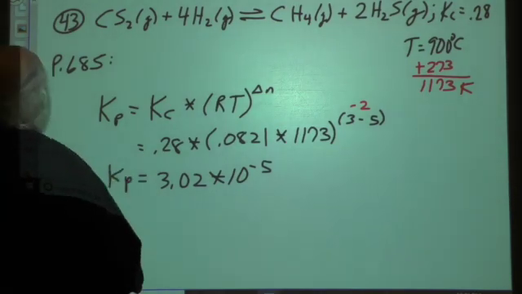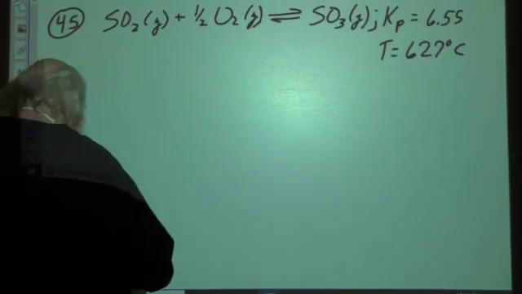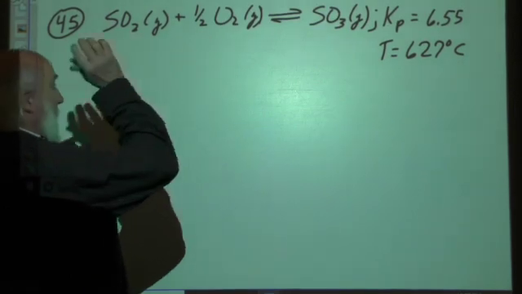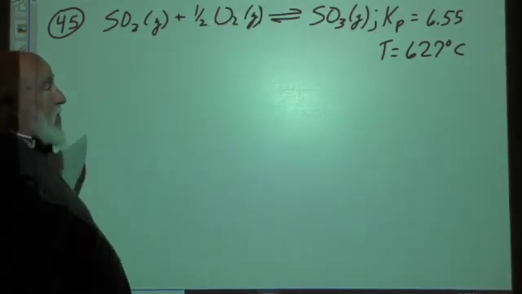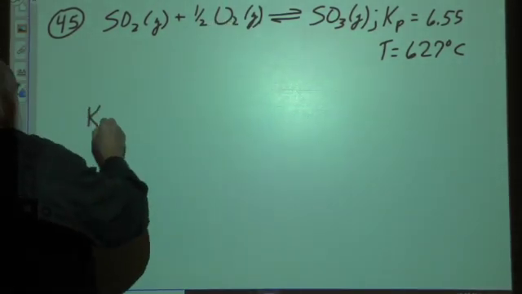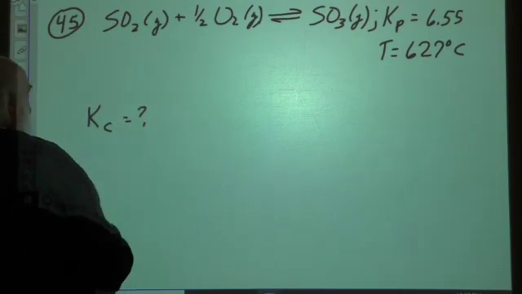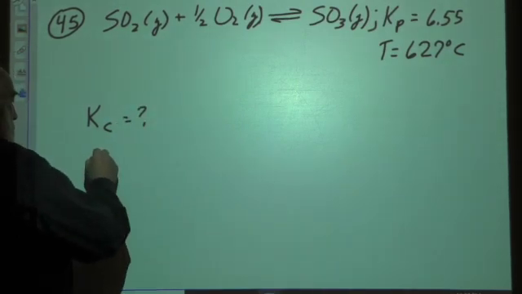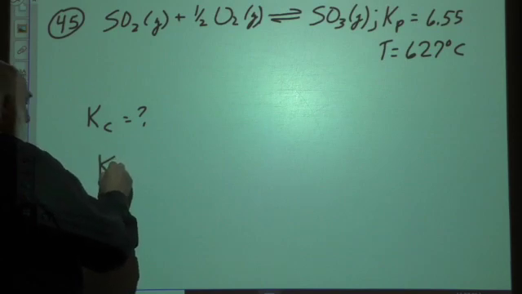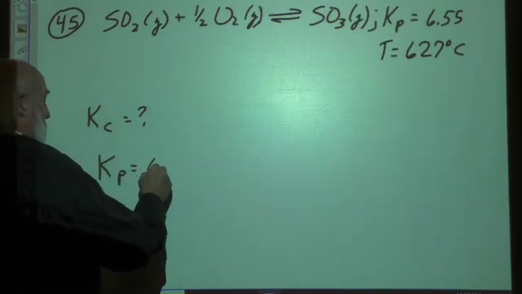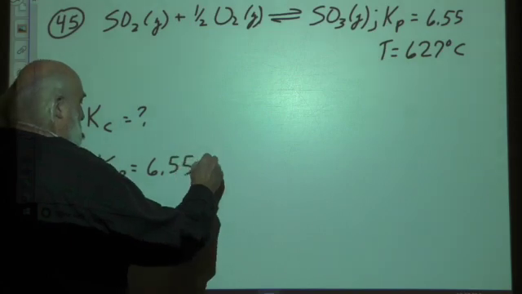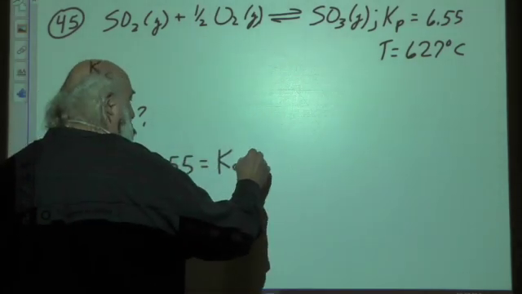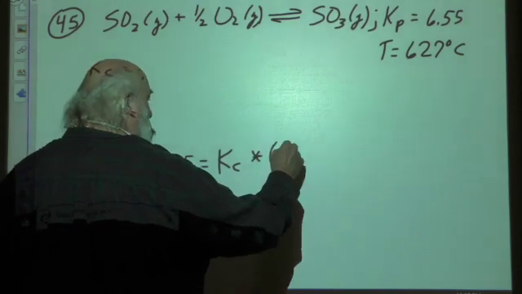Okay? Number 45. We have the same kind of scenario, only now we have the Kp and we want to find the Kc. Well, we go back to the Kp equation, and Kp, which here is 6.55, is equal to Kc times RT.